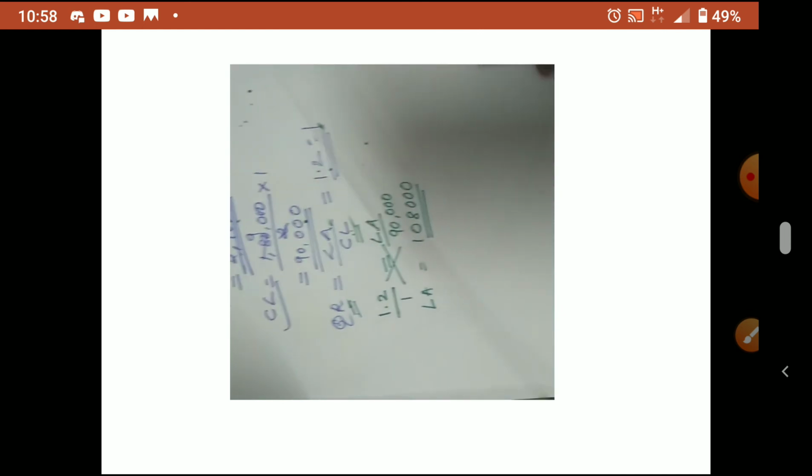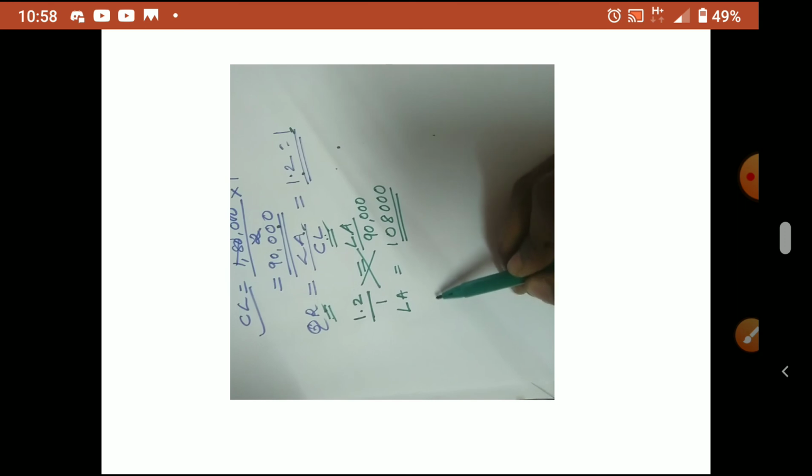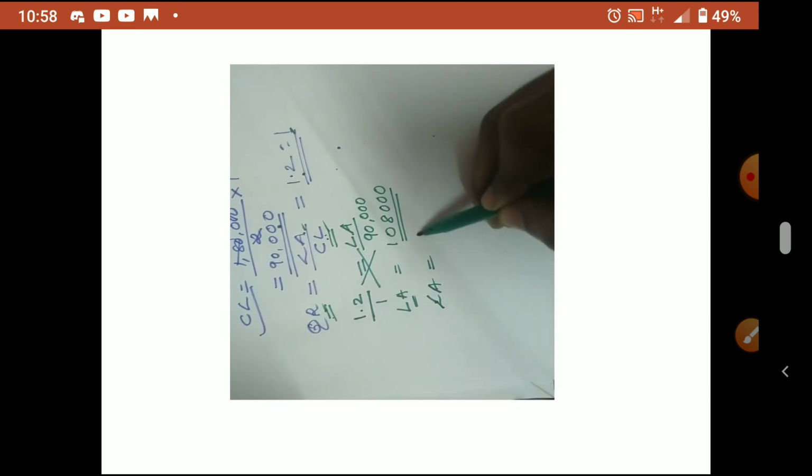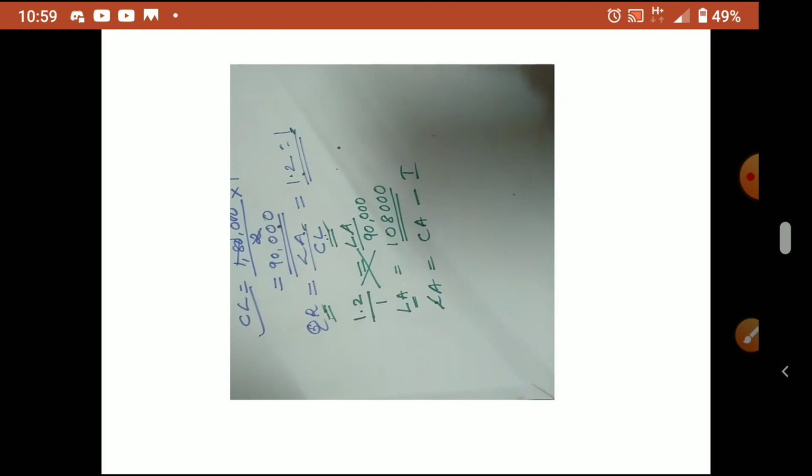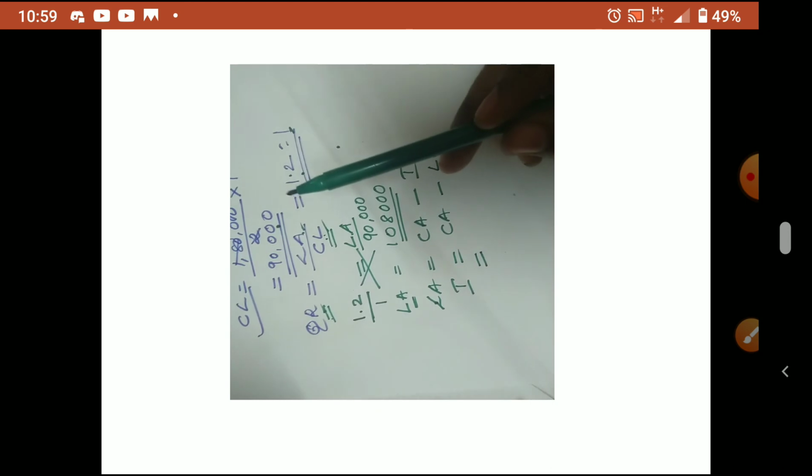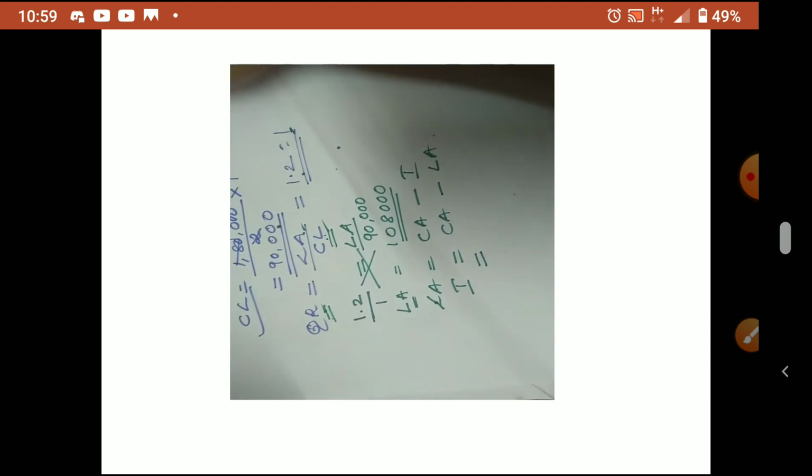Now inventory we have to calculate. Liquid assets equation we know. Liquid asset means what? Current asset minus inventory. Then inventory is equal to current asset minus liquid assets. Current asset how much? 2,70,000. Already we calculated here.